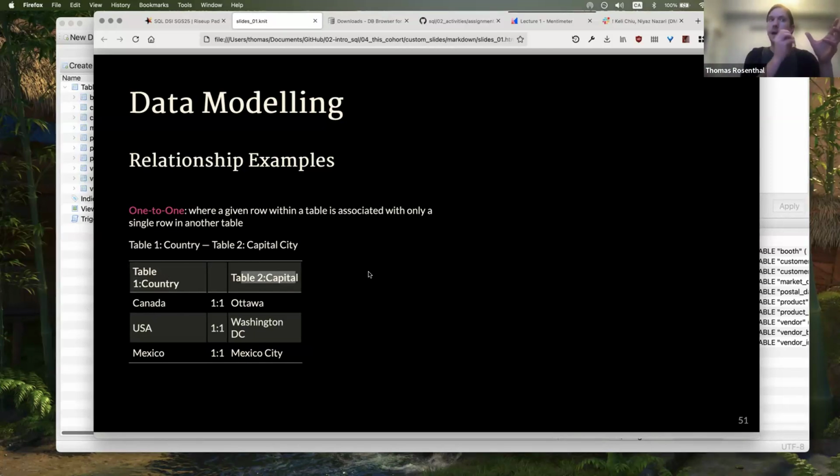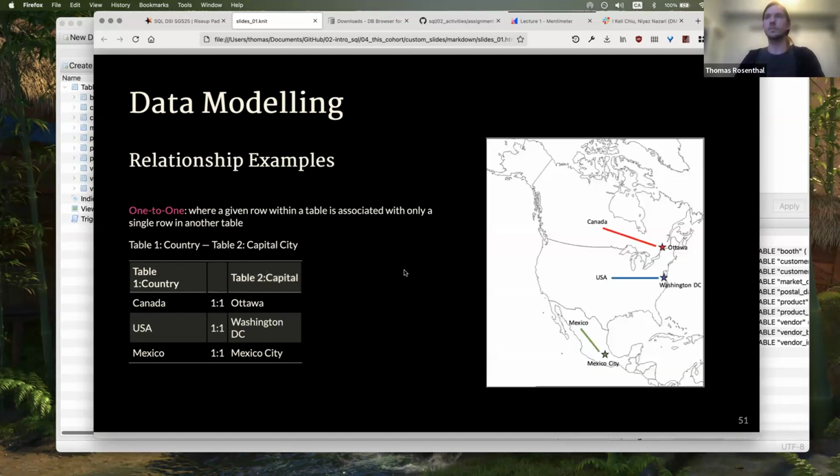We have 1 record Canada and 1 record Ottawa, hence the name one-to-one. You can visually describe this here. Just have 1-to-1 here. You're drawing a linkage between those 2, and there's only a single line of linkage.